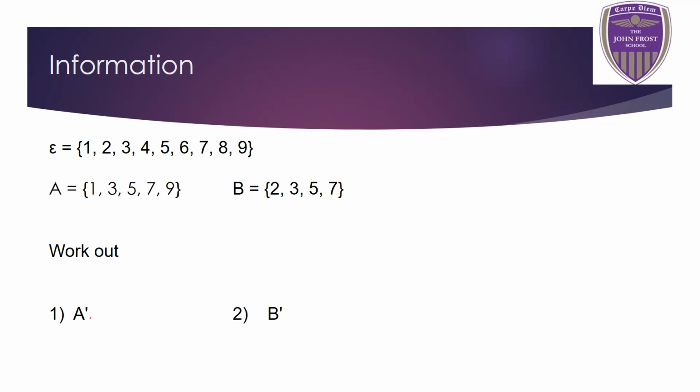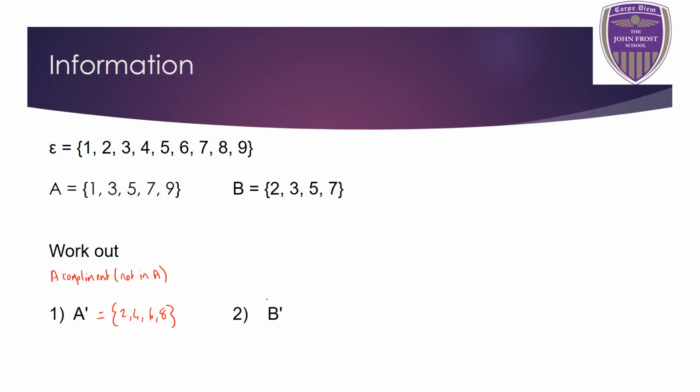Now, this is a new bit of notation that we use for sets. It's called A complement, which means everything that's not in set A. So what is not in set A out of the numbers 1 to 9? Well, in this case, it's 2, 4, 6, and 8.